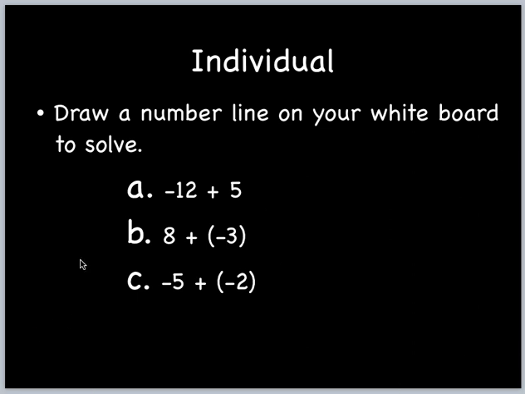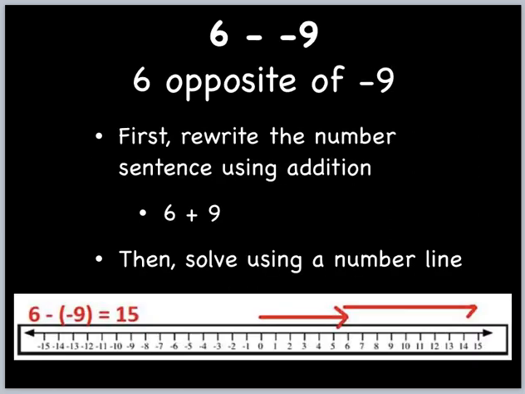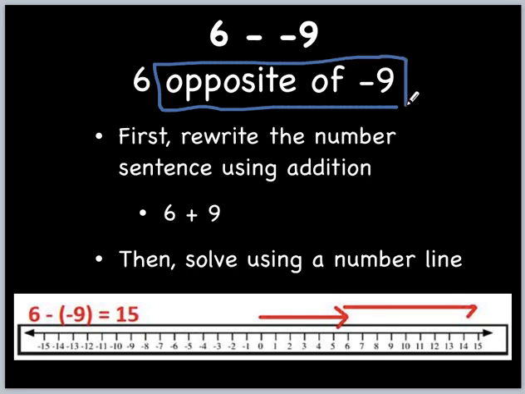Next is, what if you have a double negative in between two numbers. So 6 minus negative 9. So that simply means 6 plus the opposite of negative 9. So when you say opposite of negative 9, that statement alone will give you an idea of what it is.